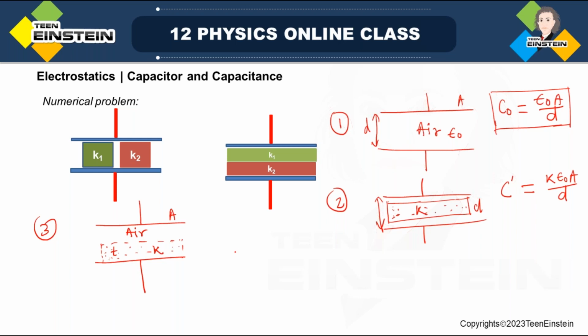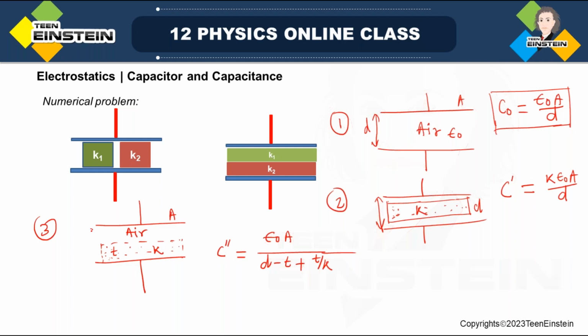So in this case, what will be the formula for capacitance? Suppose this is C double prime. This will be written as epsilon 0 A divided by D minus T plus T by K. Okay, this is the formula.